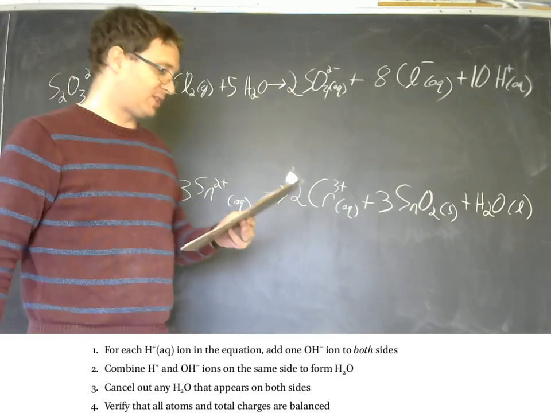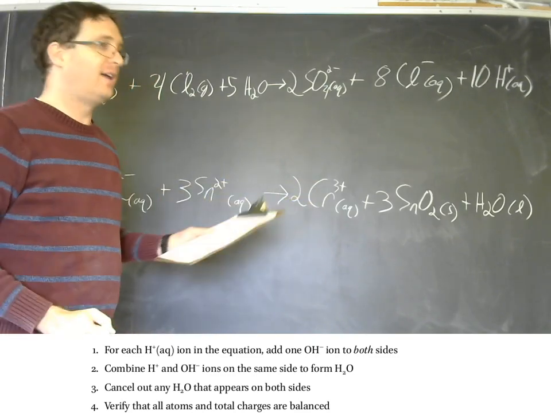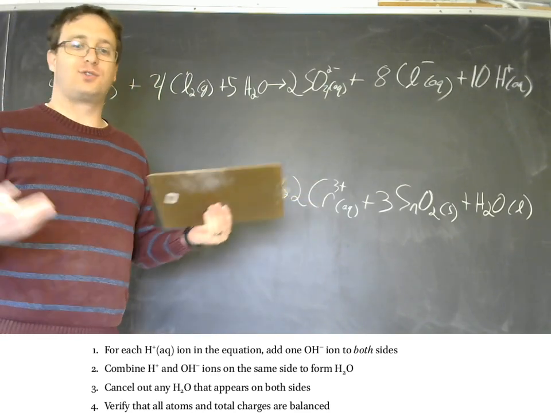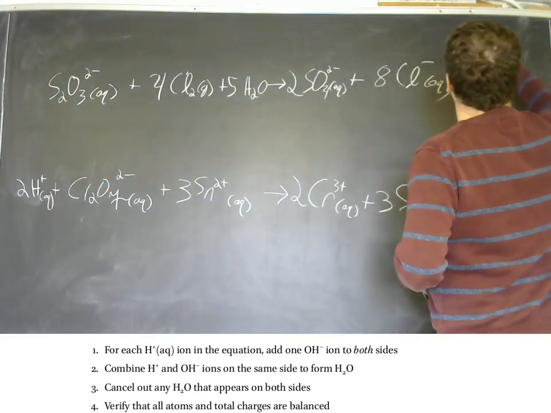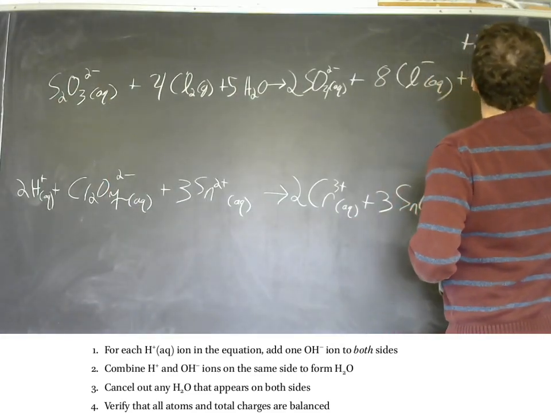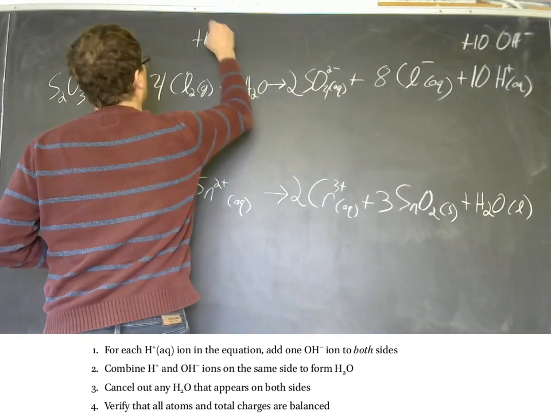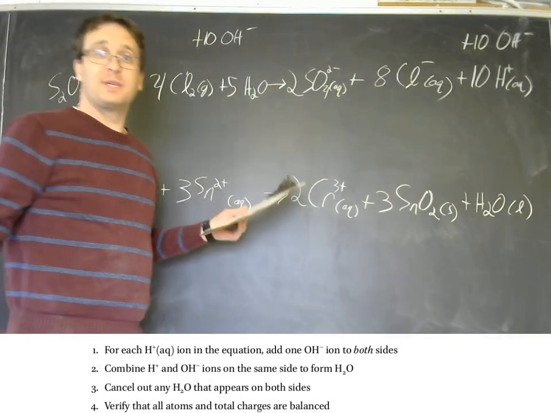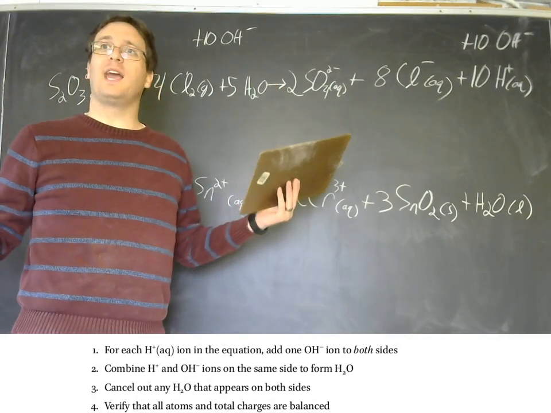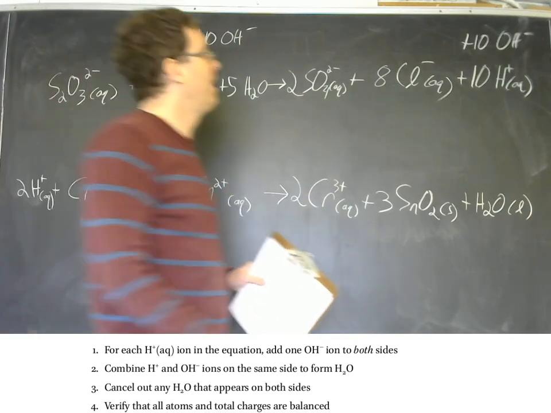So the first step is for each H plus ion, you're going to add an OH minus ion to both sides. So here we have 10 H pluses. We'll add 10 OH minuses to both sides. And then the next step is to combine any H pluses and OH minuses that appear on the same side to form waters.